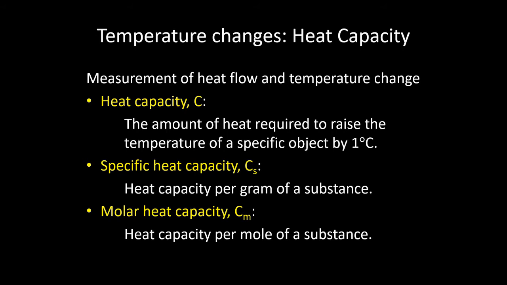The tricky thing is, though, if you put a certain amount of heat into one material, you will get a certain change in temperature. So maybe you put some energy into one sample and the temperature goes up that much. But if you put the exact same amount of energy into a different sample, it might get a different change in temperature.